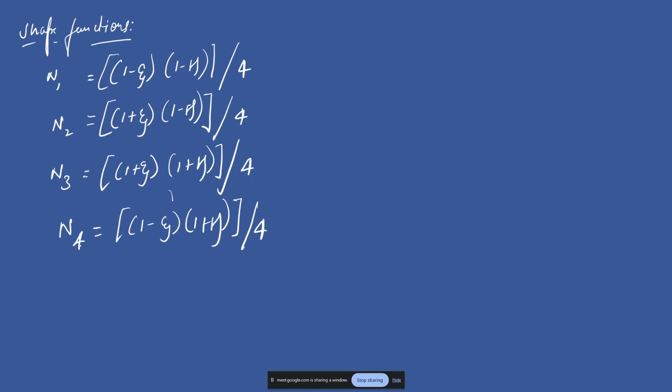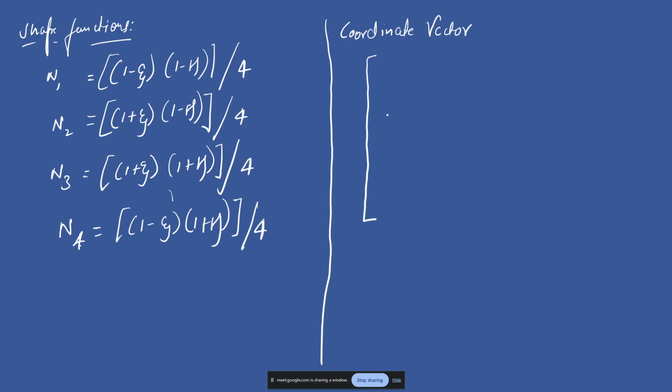Then you need to define the coordinate vector: x1 y1 x2 y2 x3 y3 x4 y4. Okay, this is the coordinate vector.